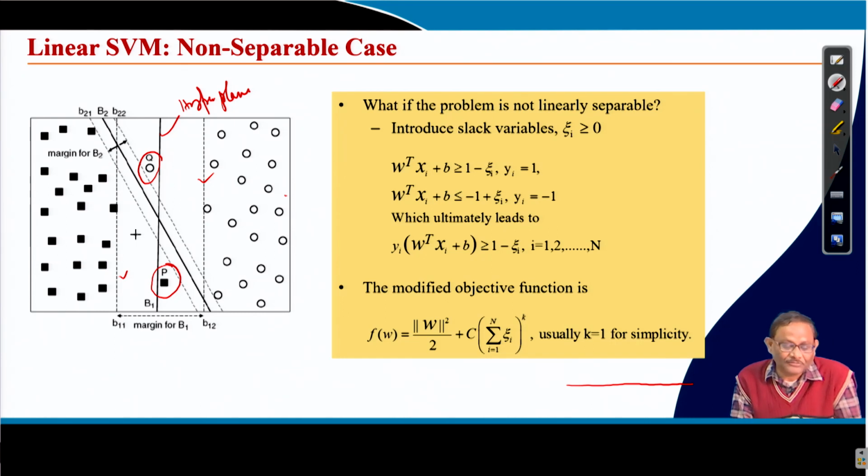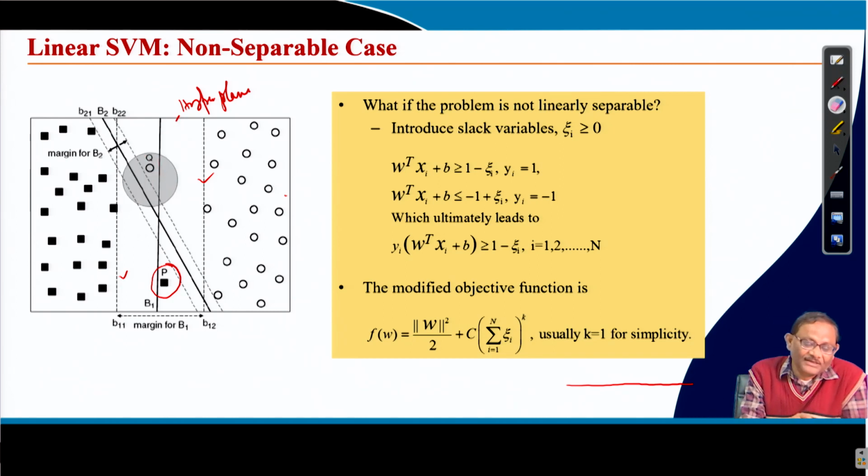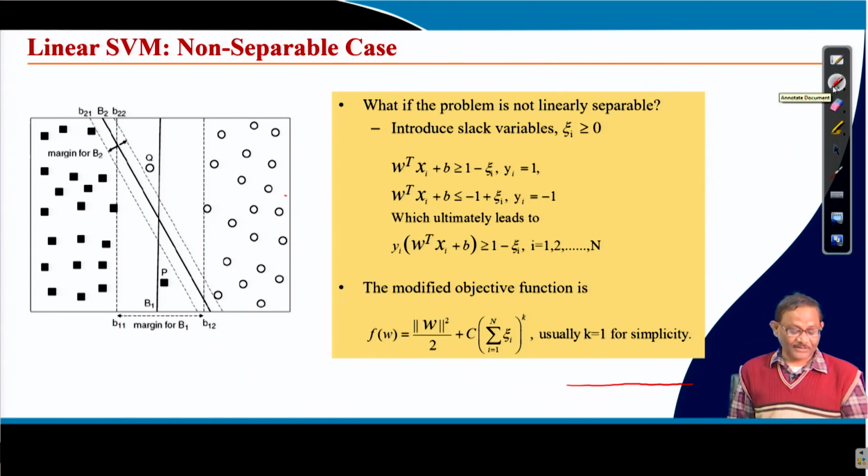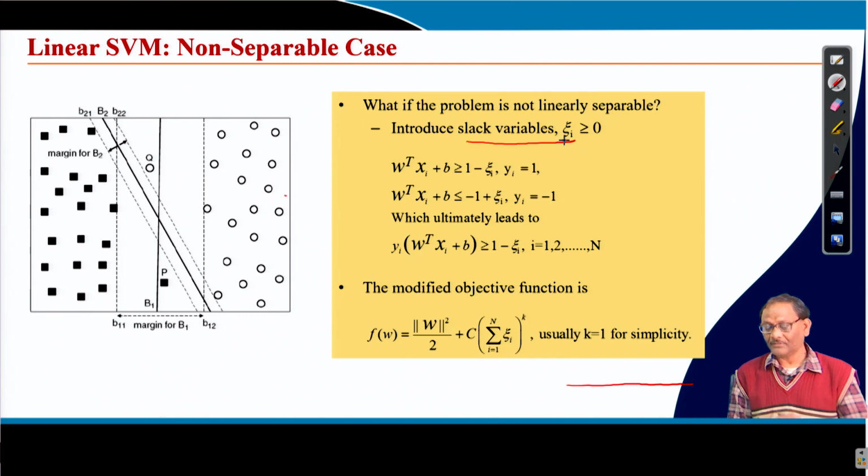So how to take care of this situation so that the classifier will be able to classify a new observation correctly? In order to do so, the concept is you introduce a slack variable. The slack variable is introduced to cater to the problem.